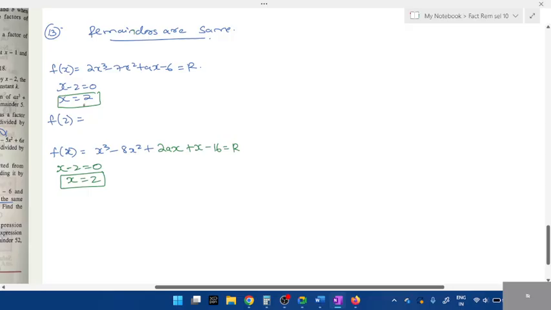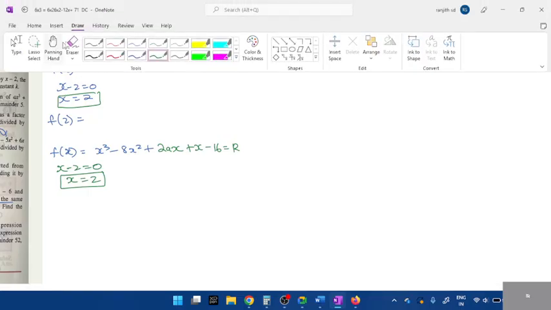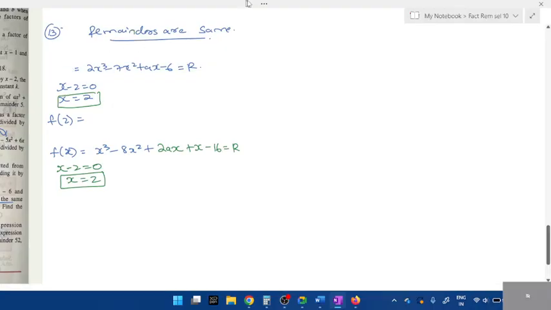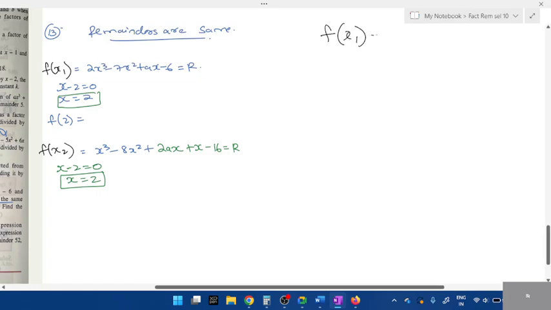Now, both the equations are given, two equations are given. Whenever two equations are given, remember, take the first as f of x1. And what will you take the second one as? x2, f of x2. And whenever the remainder is the same, students, f of x1 is equal to f of x2. This is the concept.